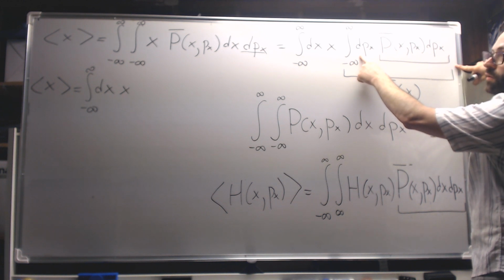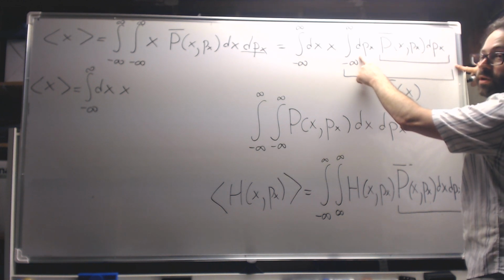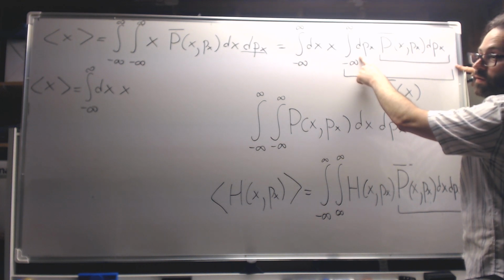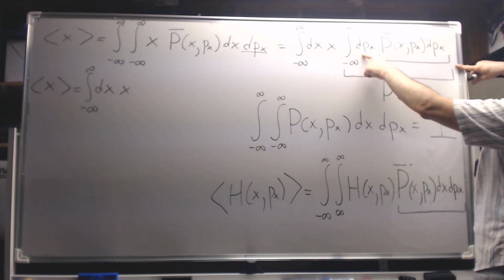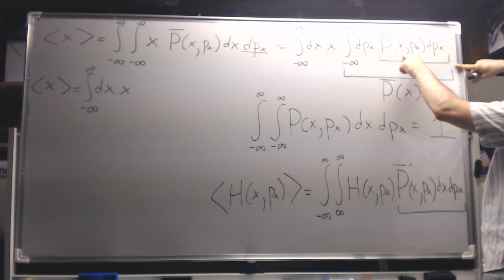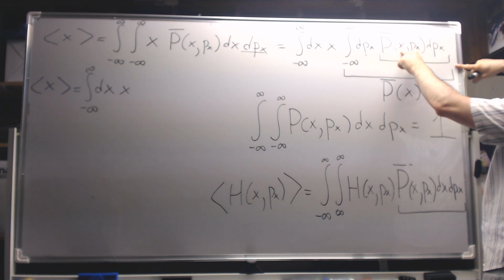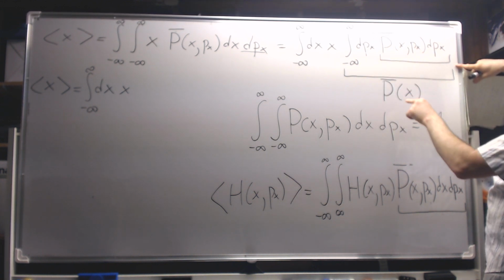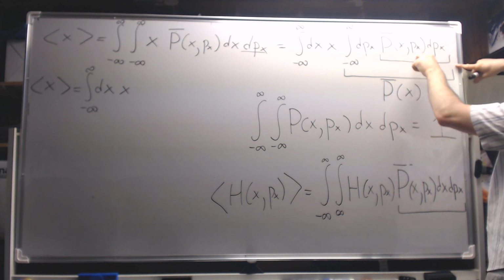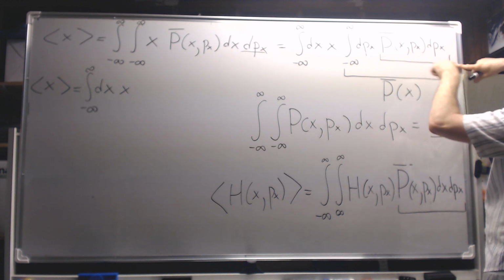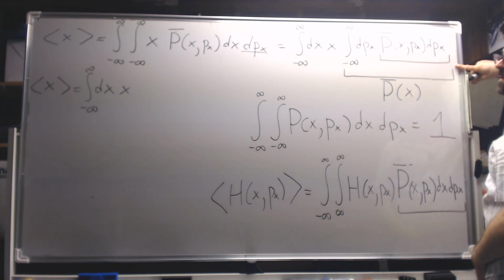And because the particle has to have some momentum, or the momentum values are mutually exclusive and exhaustive in our language of probability, then the integral over all possible values of momentum of the probability density, with x now being viewed as a constant, should be 1. And the result of this is just the probability that the particle has position x independent of what the px is. It is no longer a function of px because px has been integrated over or summed over.